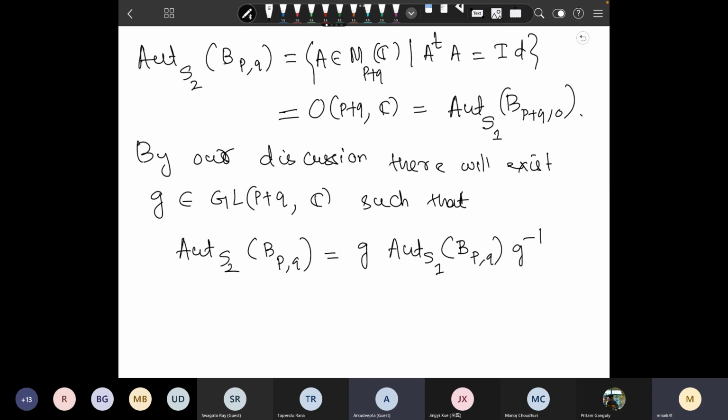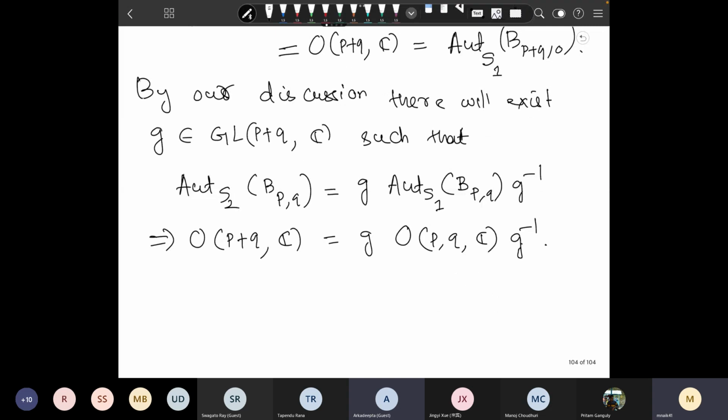My O(S2, B(P,Q)) is O(P plus Q, C), G, O(P,Q)(C), G inverse. So I am getting that O(P,Q)(C) is a conjugate of O(P plus Q, C).